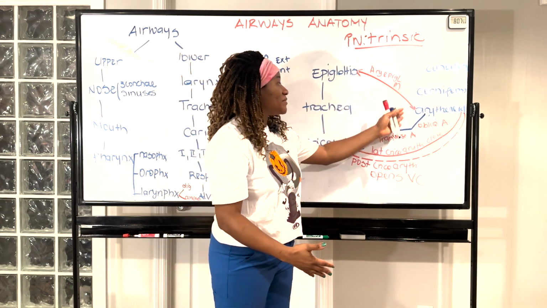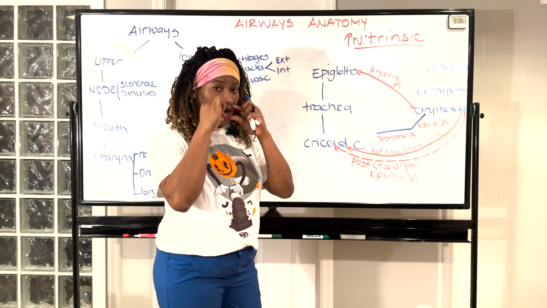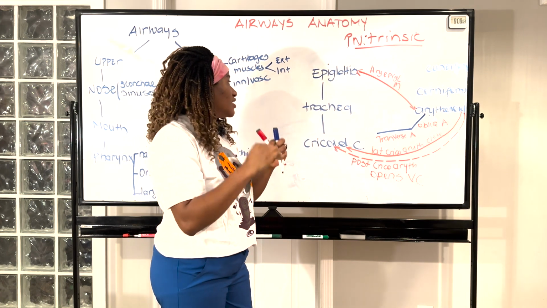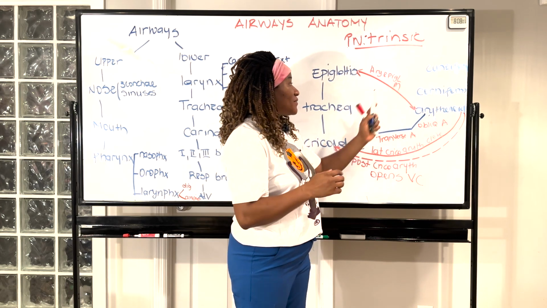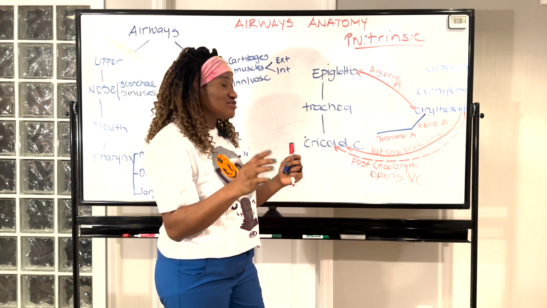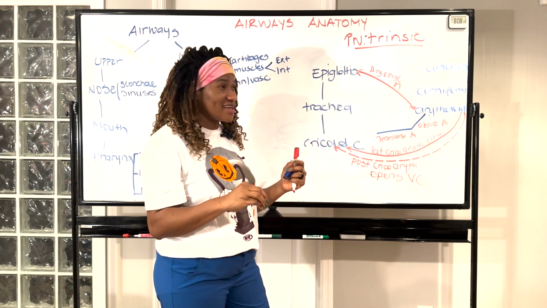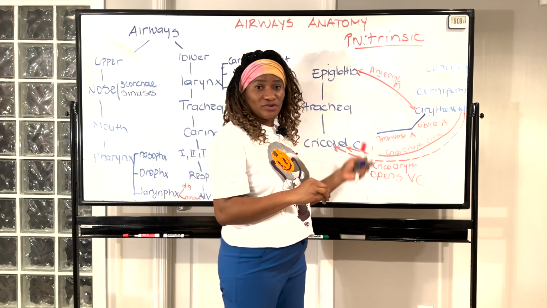So these aryepiglottics are going to shut it down, like a zipper, during deglutition. So oblique and aryepiglottics close the inlet during deglutition, so we don't get food inside the larynx. And the transverse is going to support their action.